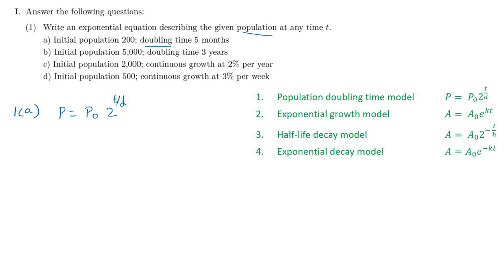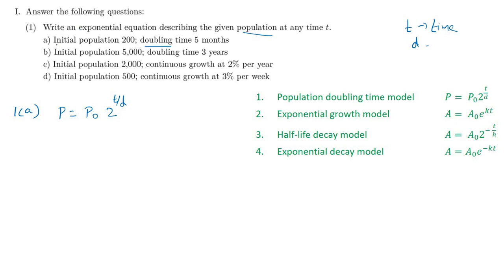Whatever values you know, you substitute. Always this T stands for time. Time means time in hours or minutes, days, years. Everything is time only. Doubling time means D. D is doubling time. This is also time.